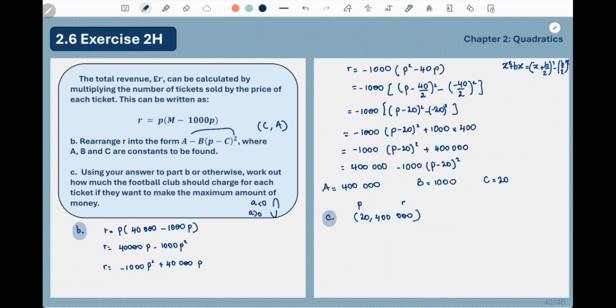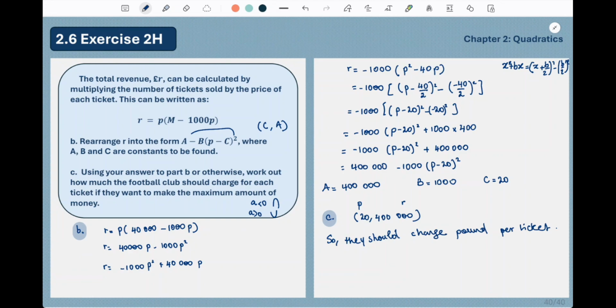In this case, they only ask for the price of the tickets, so they should charge £20 per ticket. And this trick, you use it whenever they ask for maximum or minimum. This is how you do it.